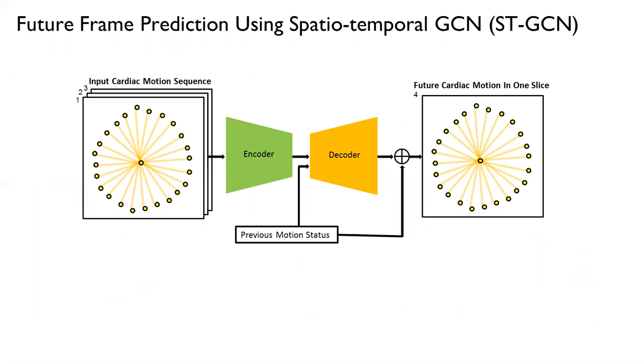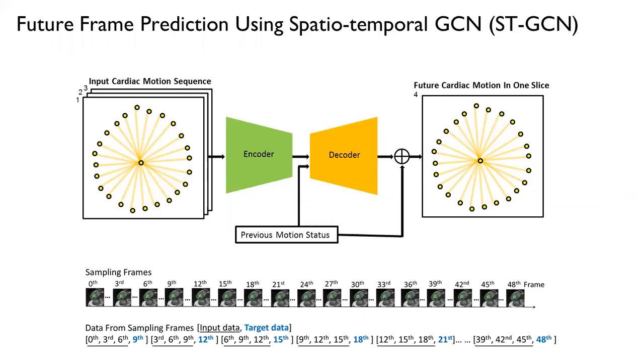The cardiac motion sequence is given as input to the STGCM encoder-decoder framework. 3 slices input predicts future cardiac motion in 1 slice. These are our sampling frames over the whole cardiac cycle.